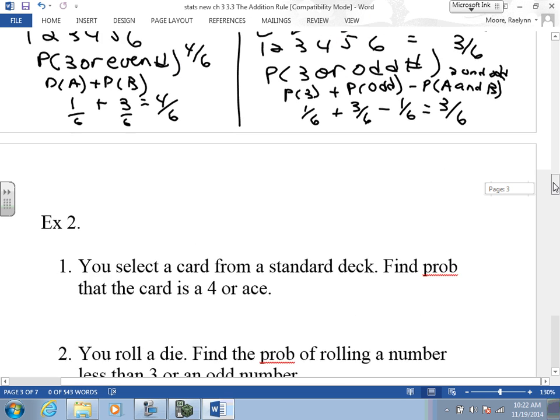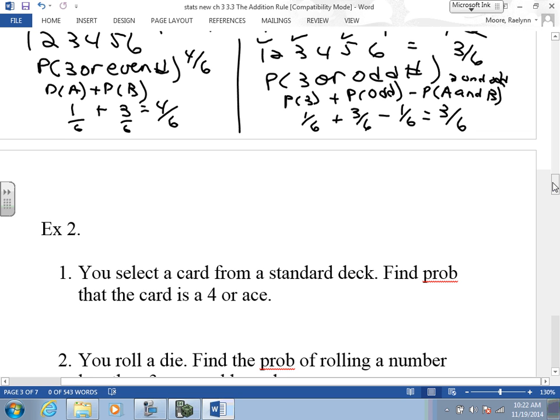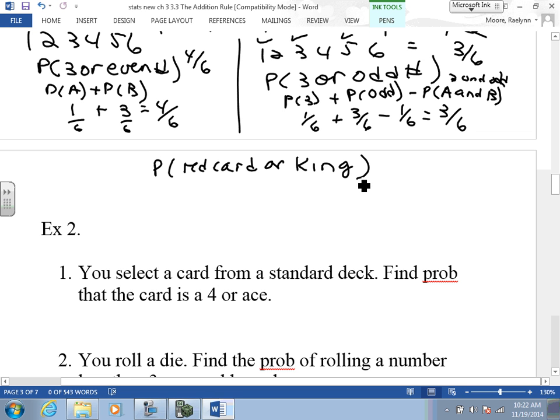So let's think of another example here. A probability of a red card or a king. Are there any kings that are also red? Yes. So are these mutually exclusive? No. So I got the probability of a red card, minus when it's a red and a king.